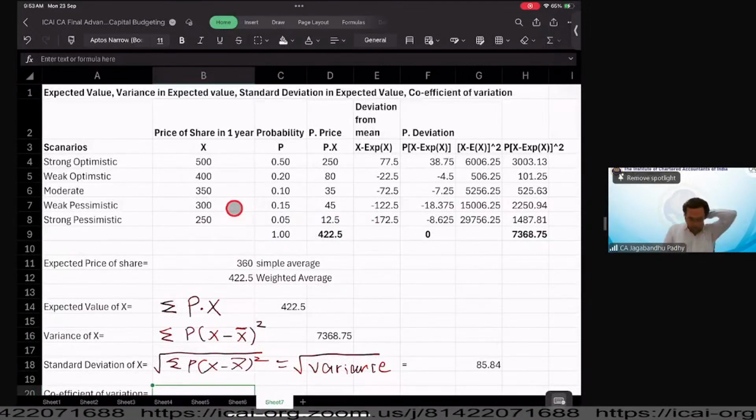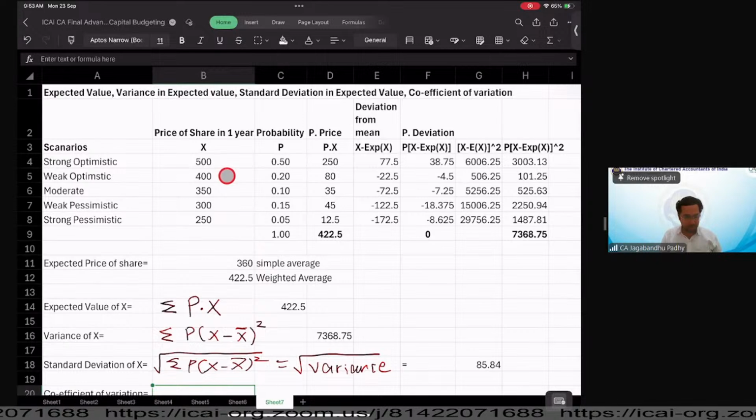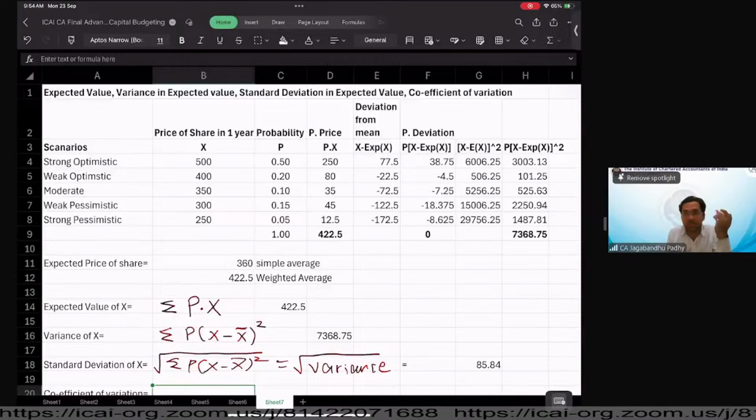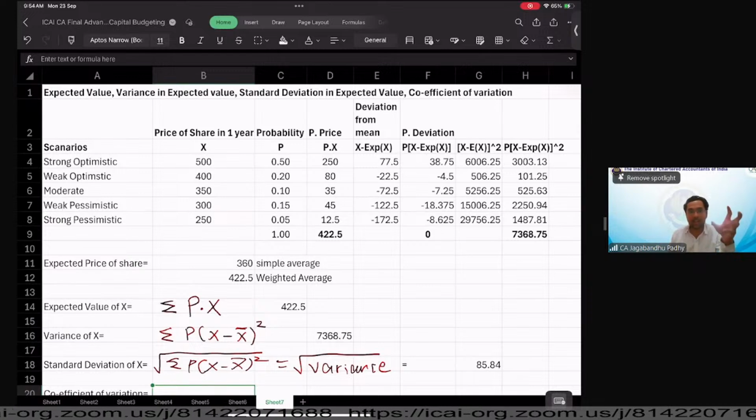These are in 3 digits. It's quite possible that another company might have a share price in 4 digits, or 2 digits, or 5 digits also. So can I compare the standard deviation of a share price which is in hundreds with that of a share price which is in thousands? No, right? It's not really correct to compare the standard deviation.